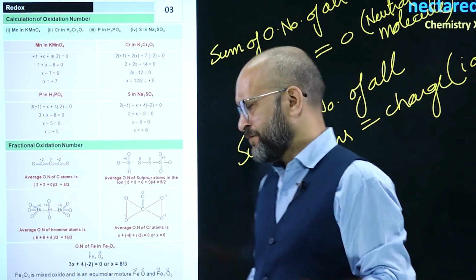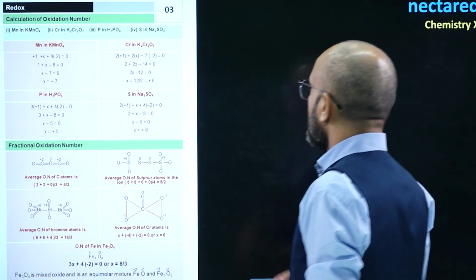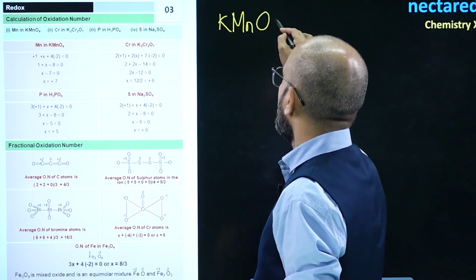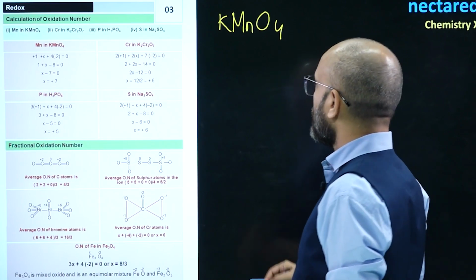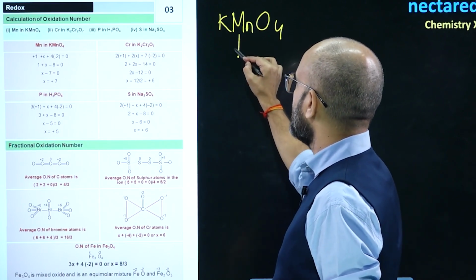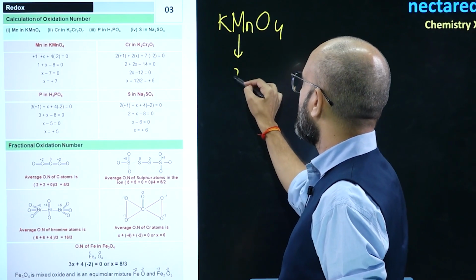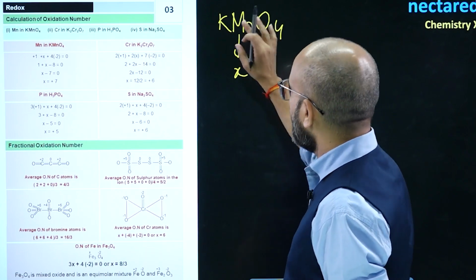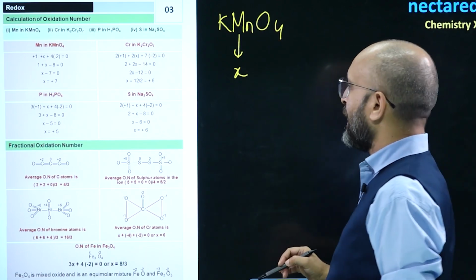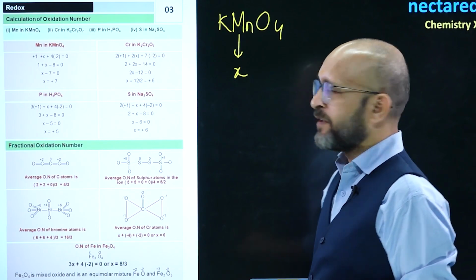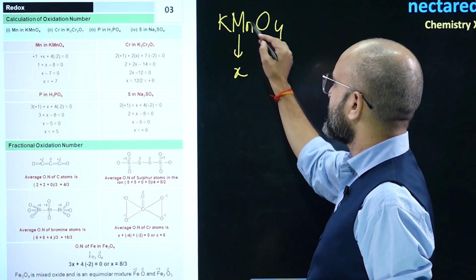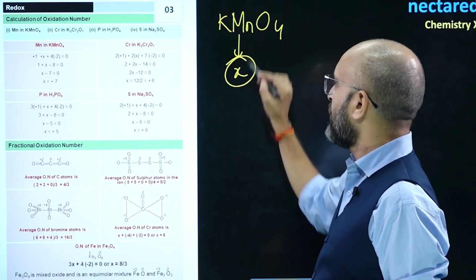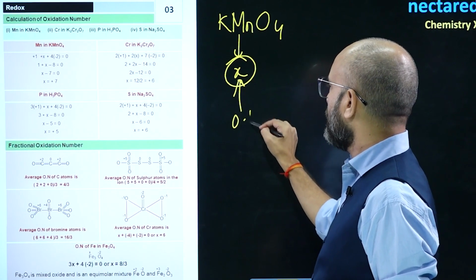Alright, let's see. If I have to calculate the oxidation number of Mn in KMnO₄, let's suppose the oxidation number of Mn is X. It is a neutral molecule, so I'll add the oxidation numbers of all atoms and put it to 0. X is the oxidation number of Mn.